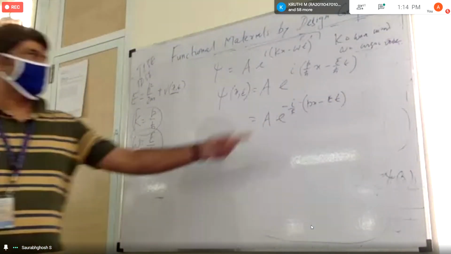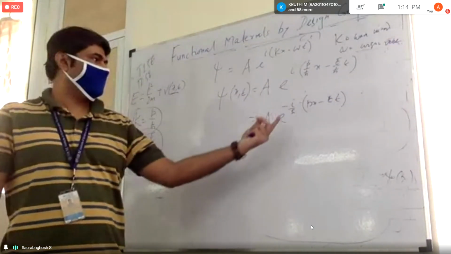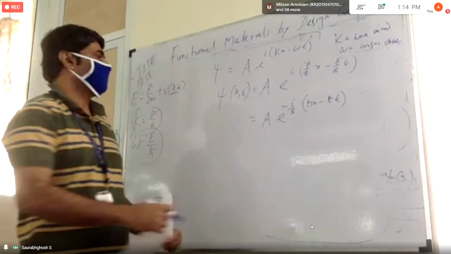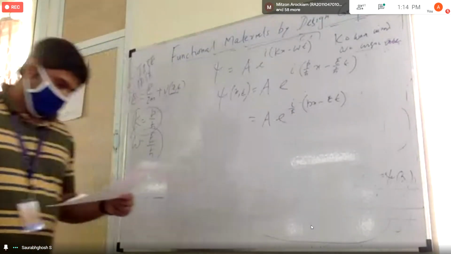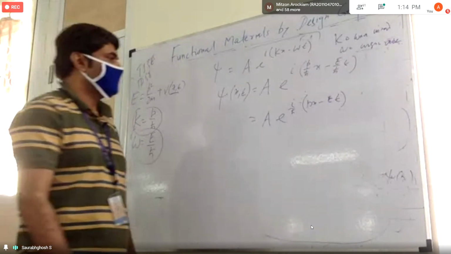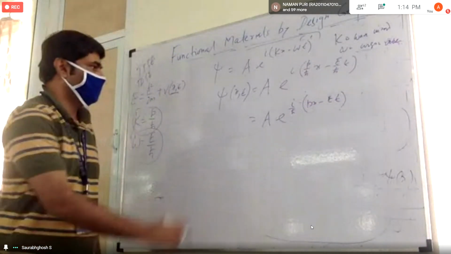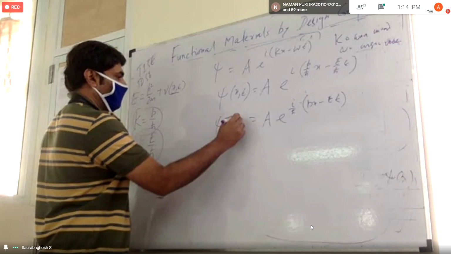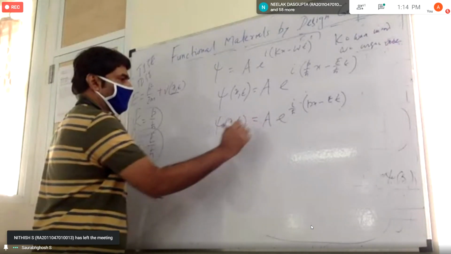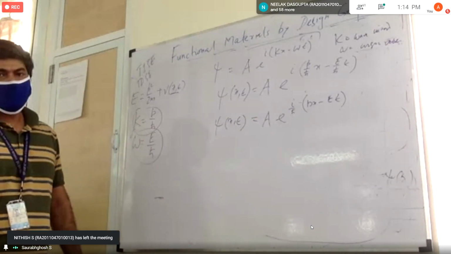Okay? So h cut will be taken outside the bracket. So this is i by h cut, (px minus Et). This is psi of x,t. Okay? Now differentiate this equation with respect to x.